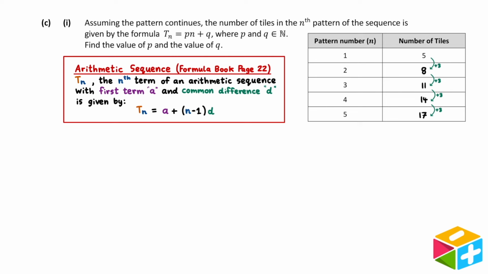The following result from page 22 of the formula book will be quite helpful. Tn, the nth term of an arithmetic sequence with first term a and common difference d, is given by Tn is equal to a plus n minus 1 times d.